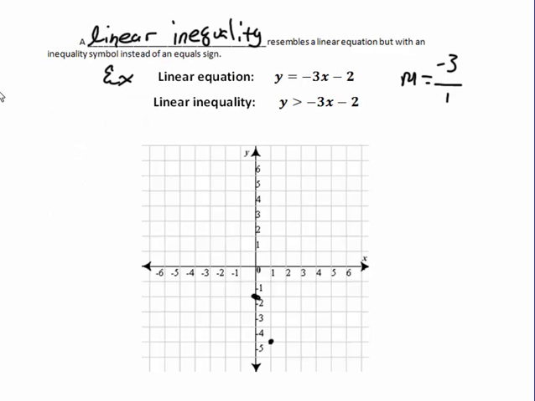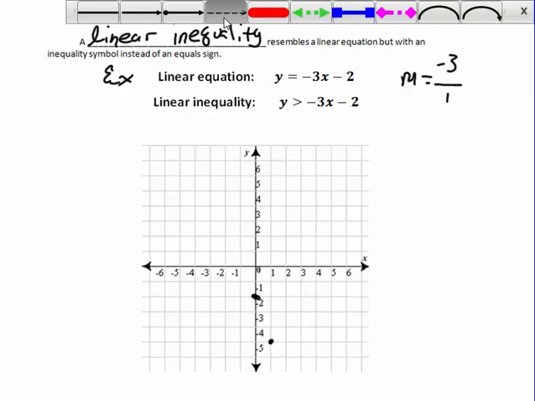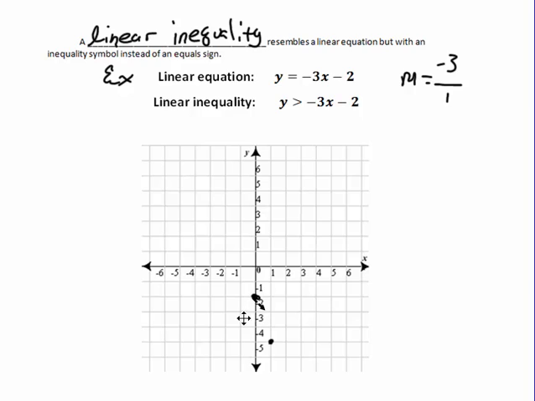So if we're going to graph this, I know it needs to be a dashed line. So I'm going to get my dashed line out here. It goes that way forever.